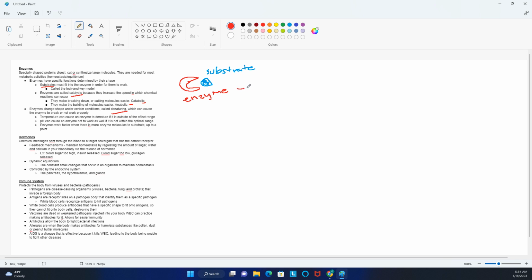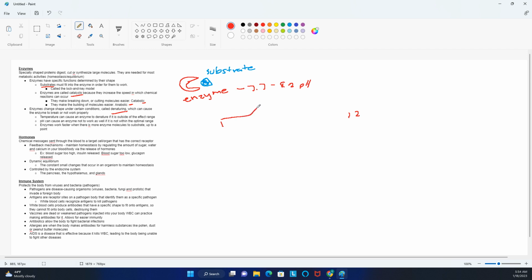So, for example, this enzyme works best at 7.7 to 8.2 pH. So, if you're outside of that range, it'll lose its effectiveness. So, if I went from 1 to let's say 12, it'll be pretty ineffective here.